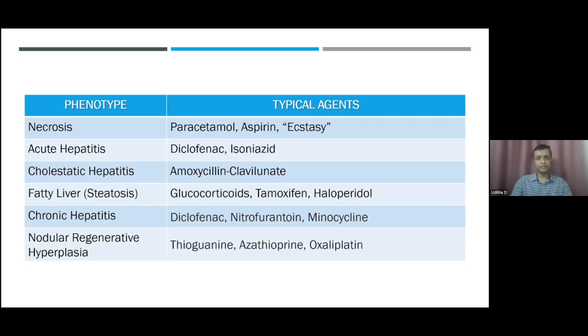And of course, very unusual ones like nodular regenerative hyperplasia, which is well known for thiopurines, which are hardly used now. But azathioprine is a well-known cause of nodular regenerative hyperplasia, where there is nodular regeneration of hepatocytes without cirrhosis, but which can lead to non-cirrhotic portal hypertension because of the nodules.